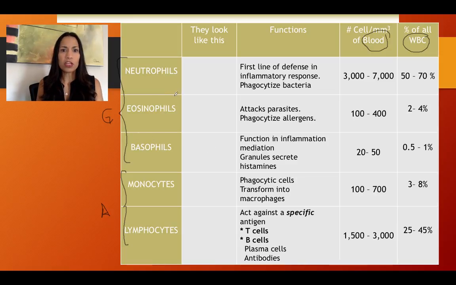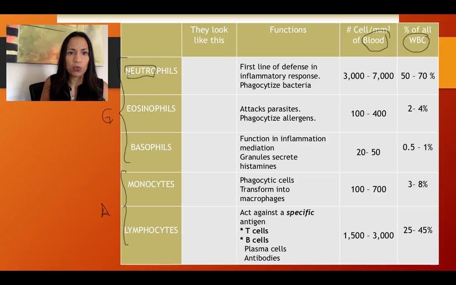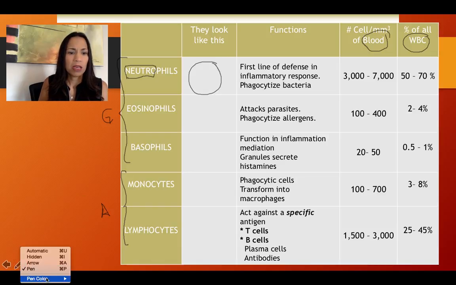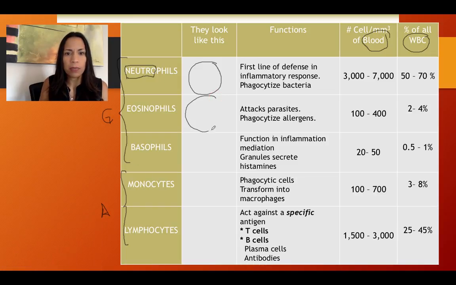So let's start with the neutrophils, and they're called neutro because the granules, remember all of this, let's make all in black.